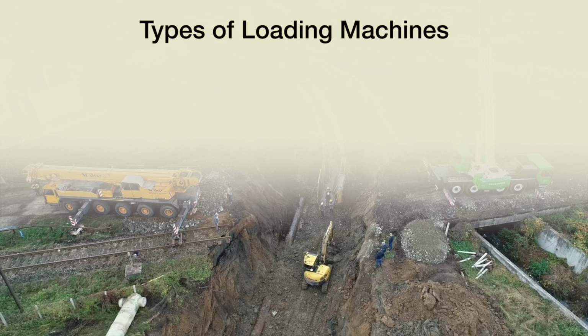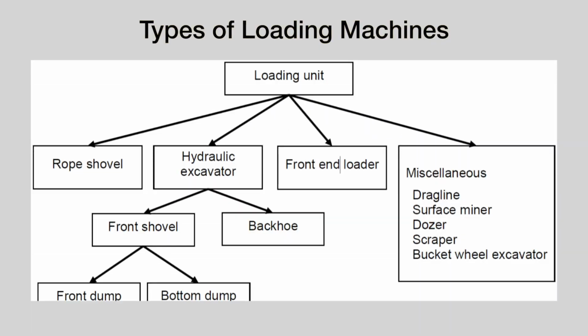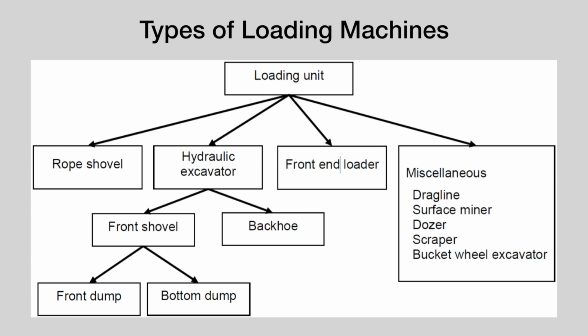Types of loading machines. Different types of loading machines in surface mines have been given in the following chart. The loading unit is divided into rope shovel, hydraulic excavator, and front end loader. Further, hydraulic excavators are divided into front shovel and backhoe.